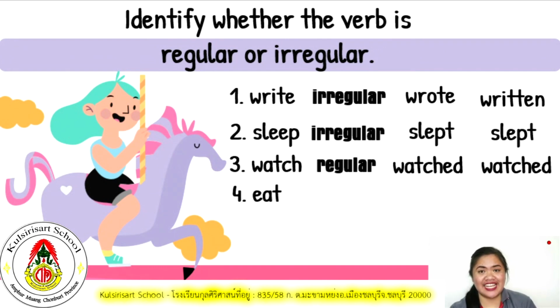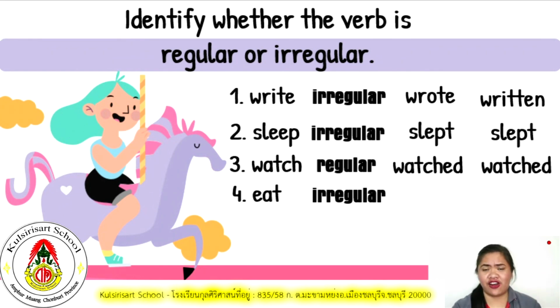The verb is eat. Regular or irregular? Very good. It is irregular. Why do you think it's irregular? Okay, that's nice. You are now explaining it very well. Because it becomes ate when you change it to its past form. And it will become eaten when you change it to its past participle form.